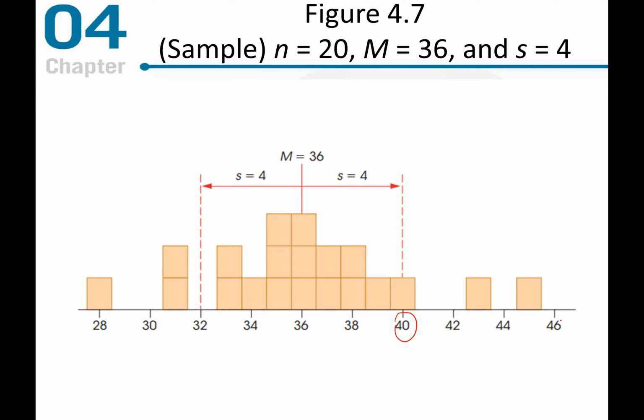And almost all of the scores, roughly 95%, are within 2 standard deviations of the mean.